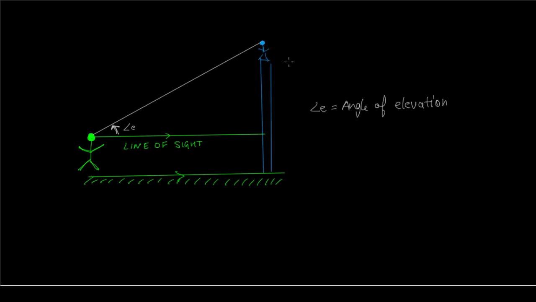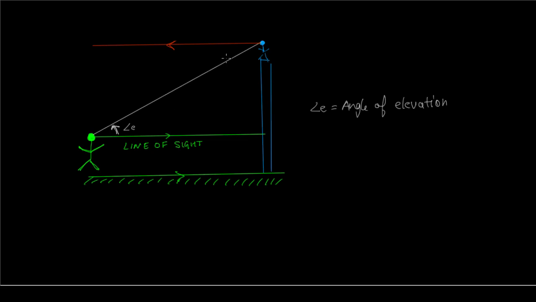Now let's consider observer 2, this observer. If he looks in the straight direction, then he too will form a line which is going to be parallel to the ground.